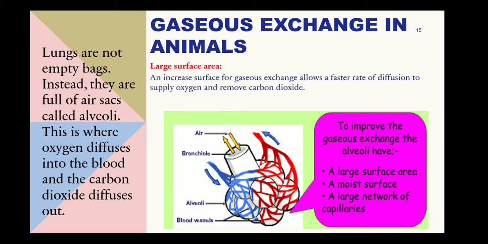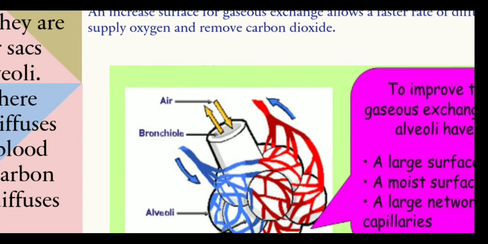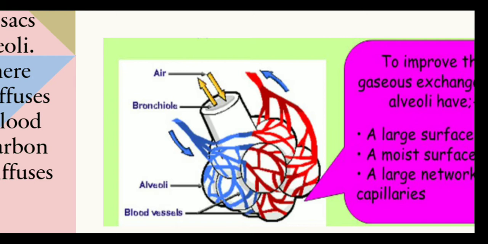As you can see over here in the diagram, this is the passage of air, and this is called the bronchiole when it goes inside, and then there are these small sacs which are called alveoli, and they are covered totally with blood vessels.